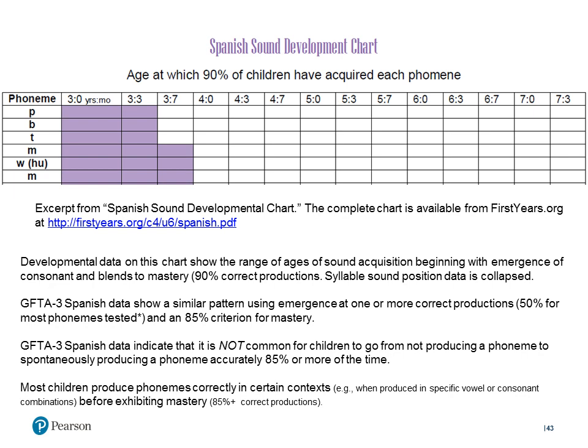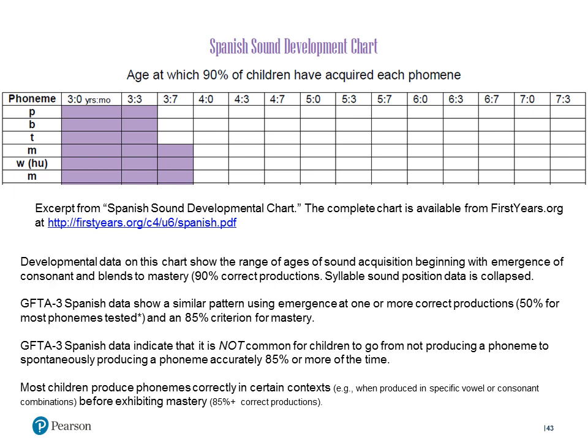The purpose of this slide is to show you how close the data from GFTA-3 Spanish lines up to the data that already exists out there. So this table is from firstyears.org. The website's there in blue. This is a resource that you would typically find if you do a Google search for Spanish phoneme development. As you can see on the chart, P, B, and M are mastered by around 3.5.